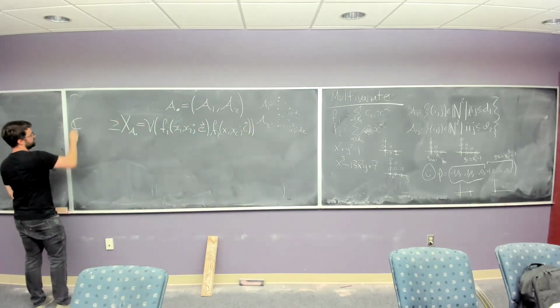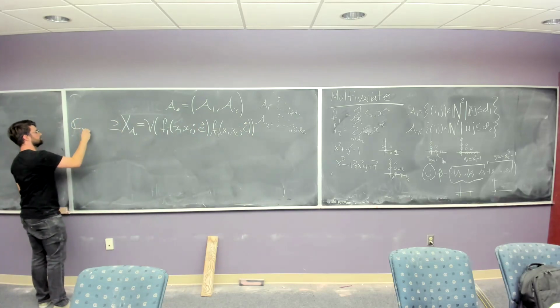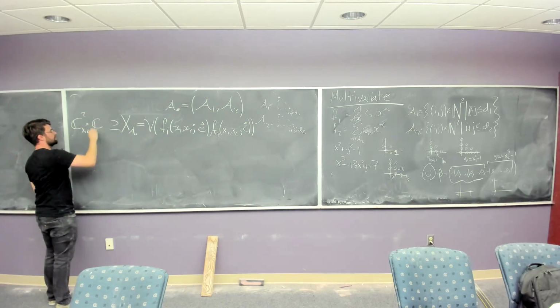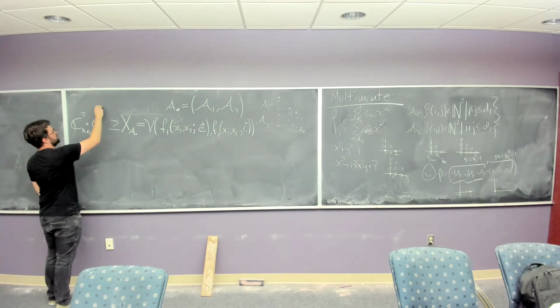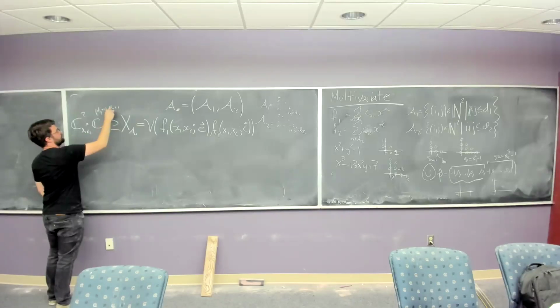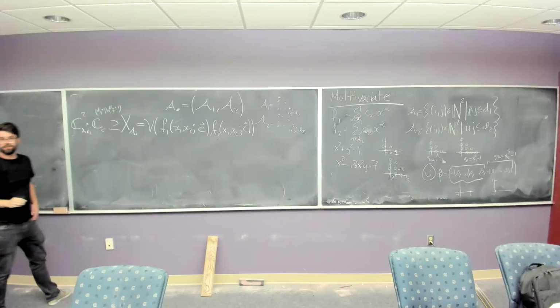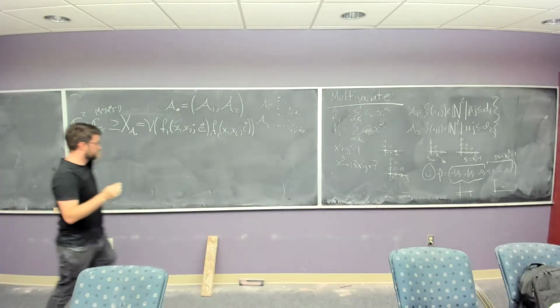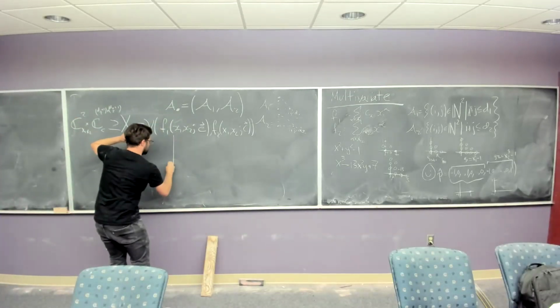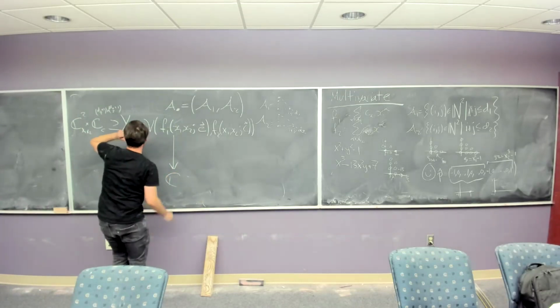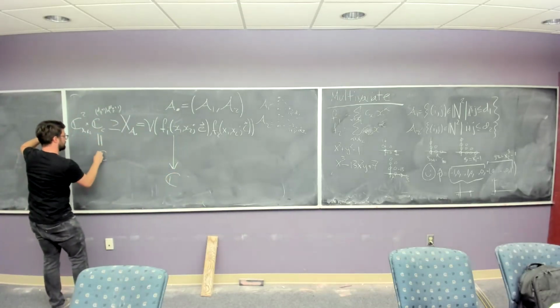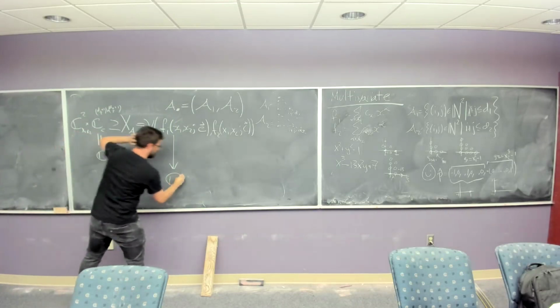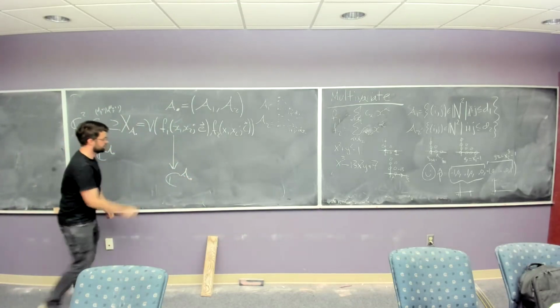It lives inside C squared, the solution space, times C to the D1 plus 1 choose 2 plus D2 plus 1 choose 2 in the parameter space, because that's how many monomials you have of degree d1 or less, or degree d2 or less. And it goes down to the parameter space.